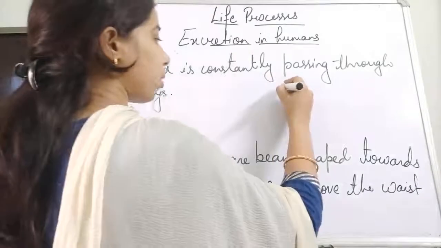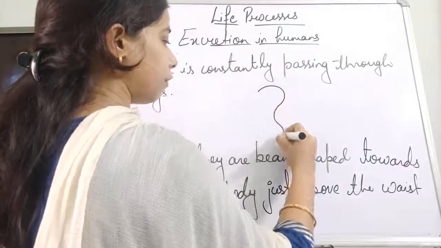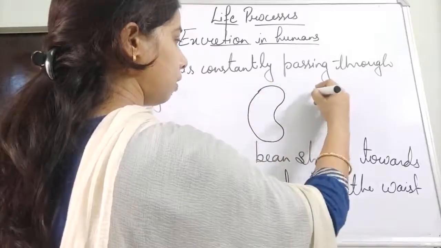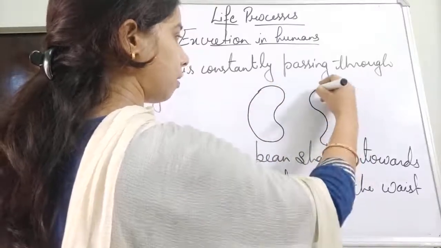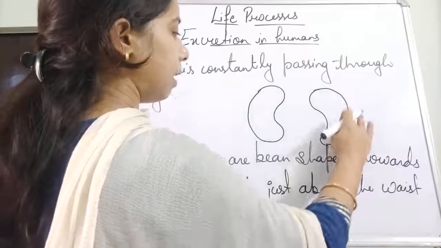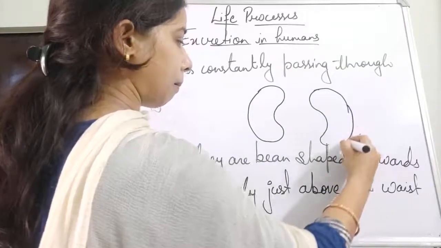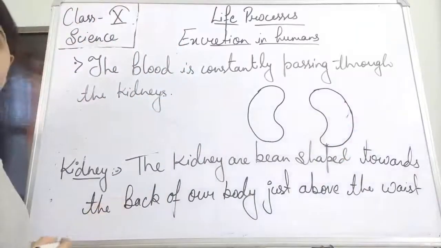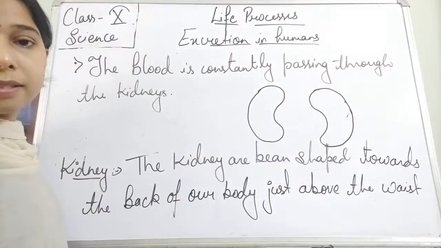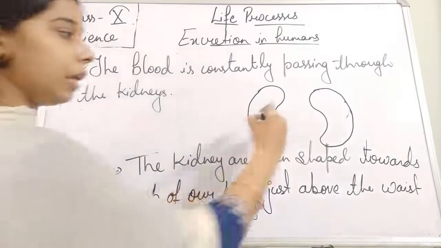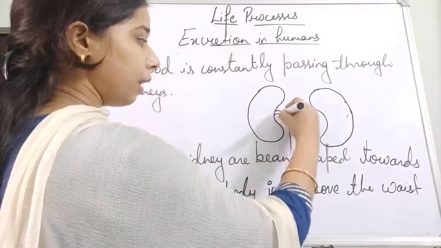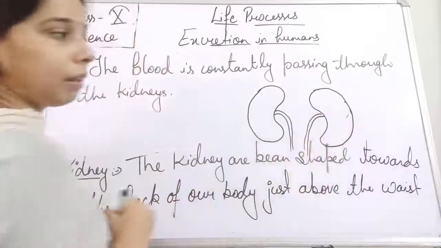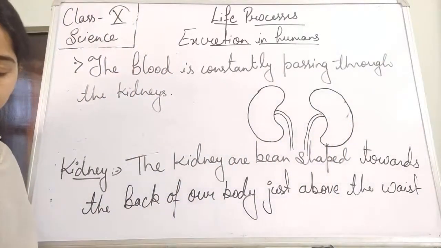When you look at the structure, students, you will find the kidney is a bean-shaped structure. Two kidneys are present on both sides, right kidney and left kidney. From here, the ureter, a tube-like structure, comes out of the kidney. I'll draw the diagram.